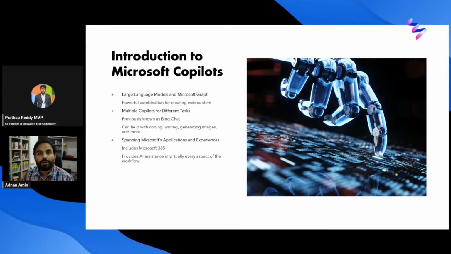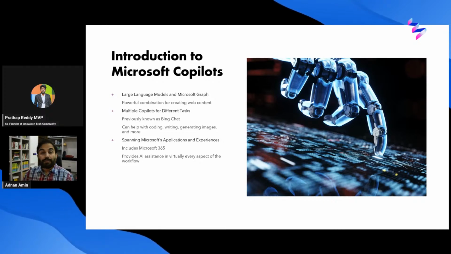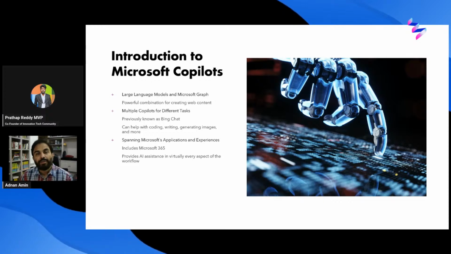There are multiple Copilots available for doing different jobs, like coding, writing content, creating images, performing complex formulas in Excel, or generating slide decks. There are also Copilots for business jobs, like creating Power Platform apps, writing workflows, or even creating documents, pages, and sites on SharePoint with the help of Copilot. We will take a quick look at all of them and how easily they are available.